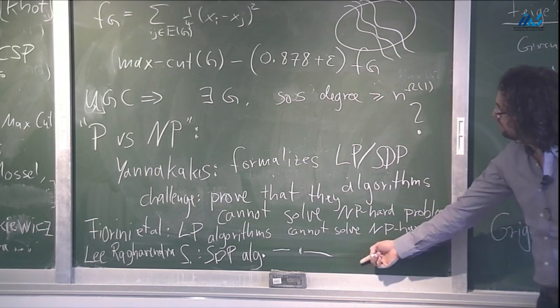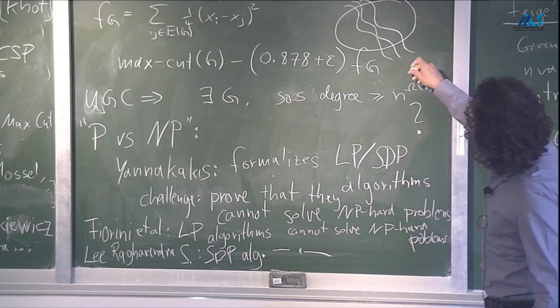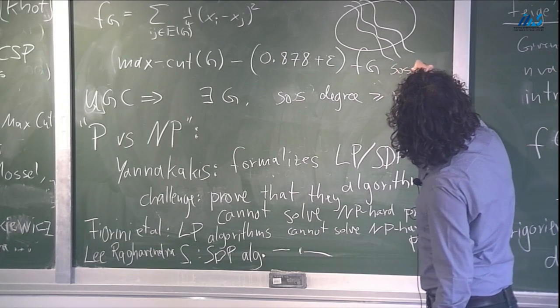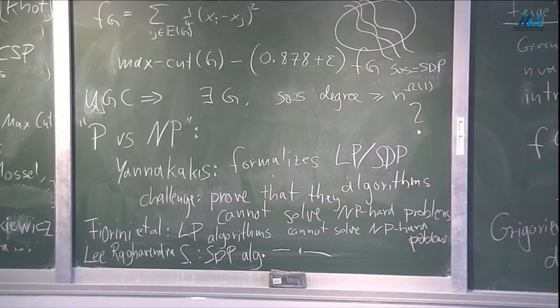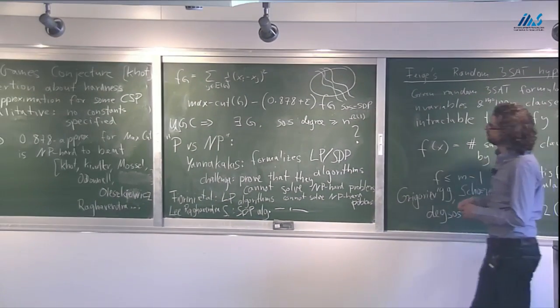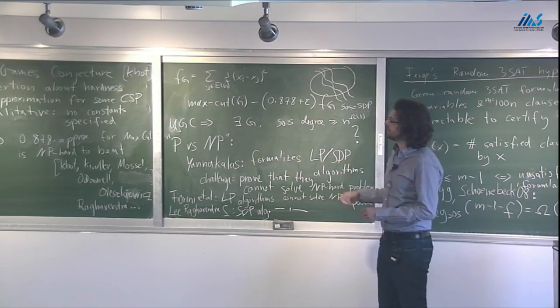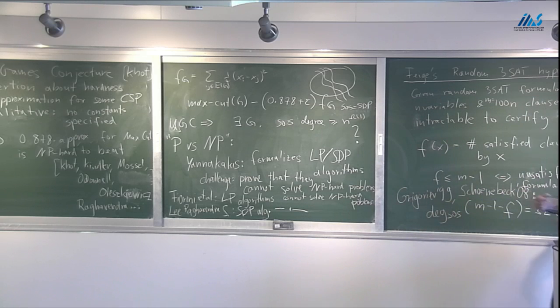What this work shows is that the sum of squares and the SDP barrier coincide. So there are no problems in between. So sum of squares is captured by Yannakakis' notion of SDP algorithms, so they cannot be better.